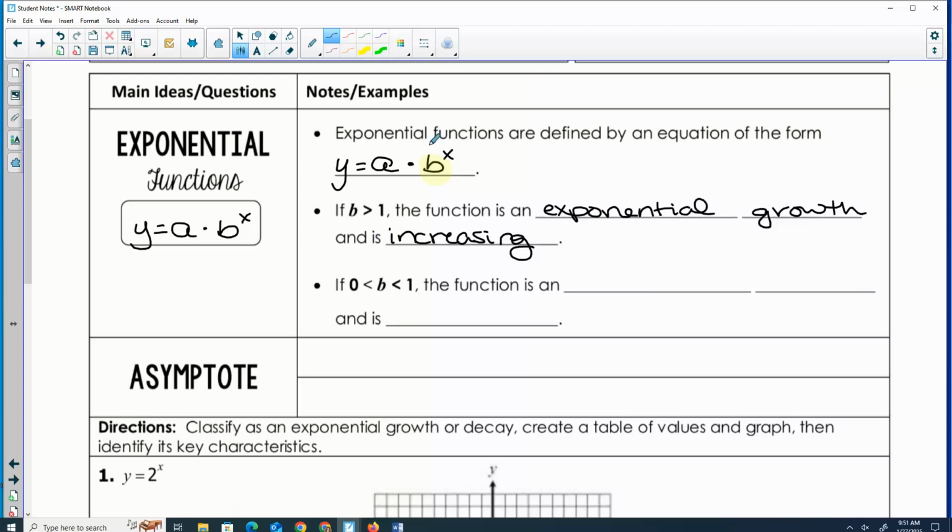If your base is smaller than 1, so if it's like a 1/2, a 2/3, a 3/4, a number smaller than 1, that makes it exponential decay, because the graph is going to be decreasing.